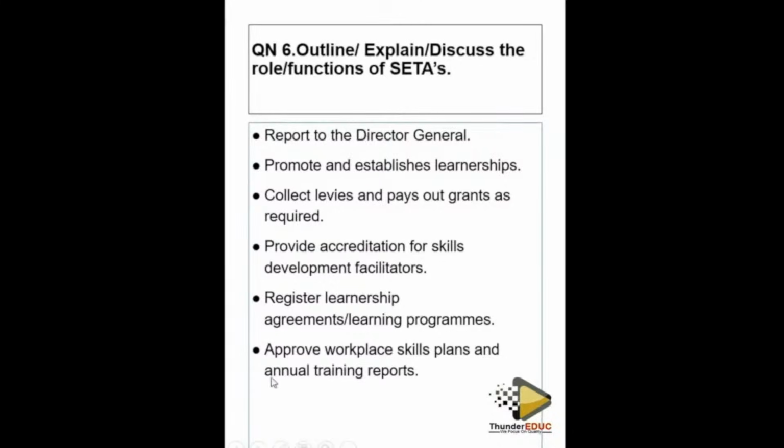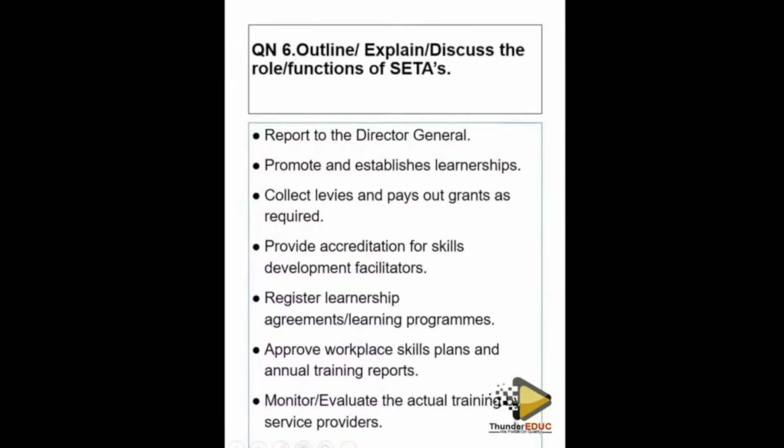They just give a report after what? After making sure that they do what? They do follow-ups, they check, they monitor on a daily basis or monthly basis or fortnight basis or after 6 months. But they make sure that at the end of the day, they compile a report for the whole year.